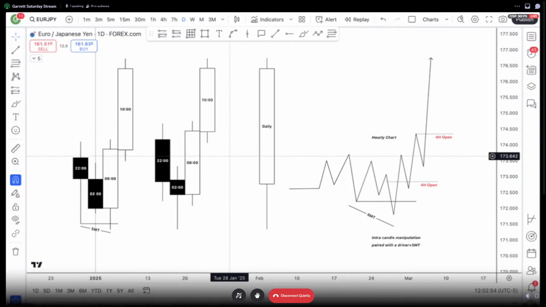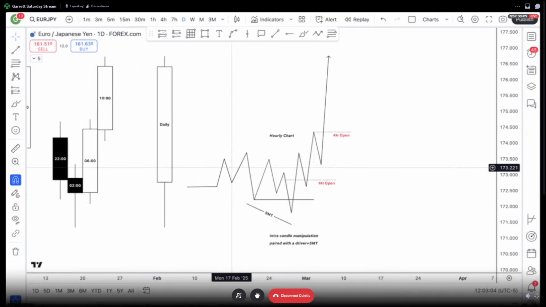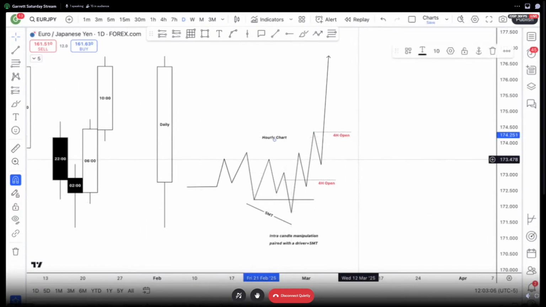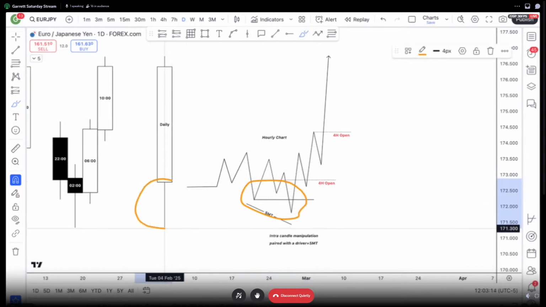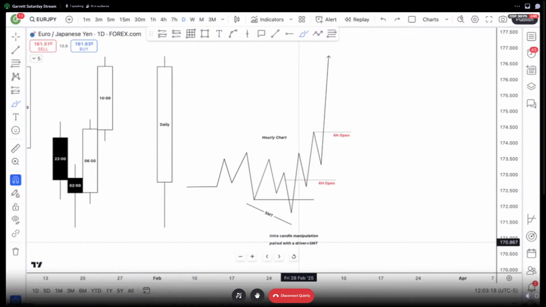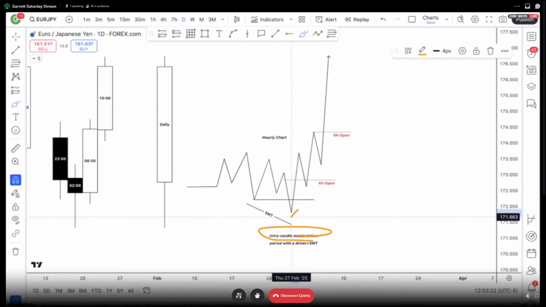So let's just run through my approach to daily profiles first, because that's important in the way I incorporate the 4-hour candle. If you guys saw my previous stream, a couple streams ago, I like to see a manipulation that creates the low of the day, pretty much. I just call it the intracandle CSD, kind of like an intracandle manipulation that creates the low of the day.